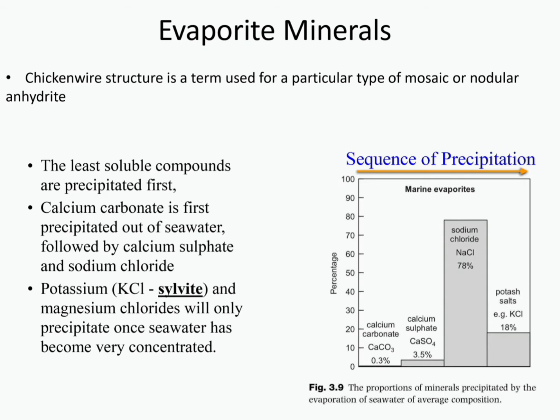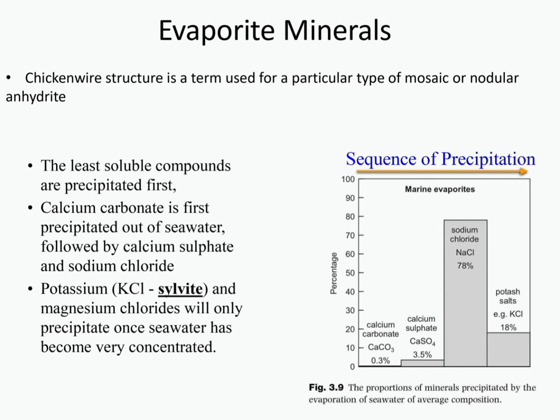So this is the sequence of precipitation: calcium carbonate precipitates first, then calcium sulfate. You need to remember which will precipitate first and which after. Then sodium chloride, then potash salts, and then magnesium salts. Magnesium salts are last to get precipitated.